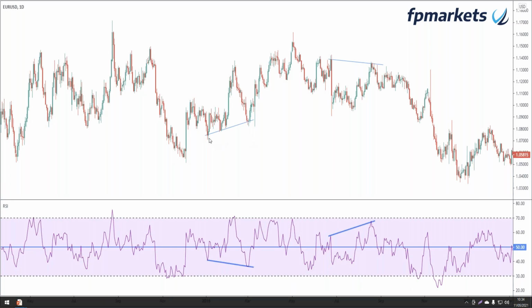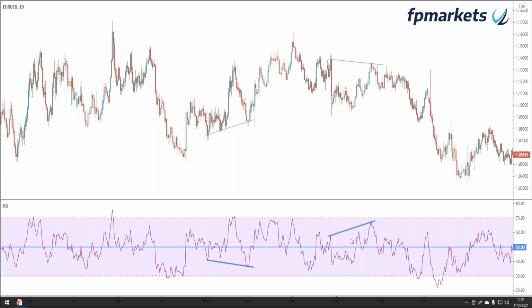We had a higher low form here, followed by a higher high, followed by a subsequent higher low, which corresponded with a lower low on the RSI indicator, giving us a potential trend continuation signal around this location.